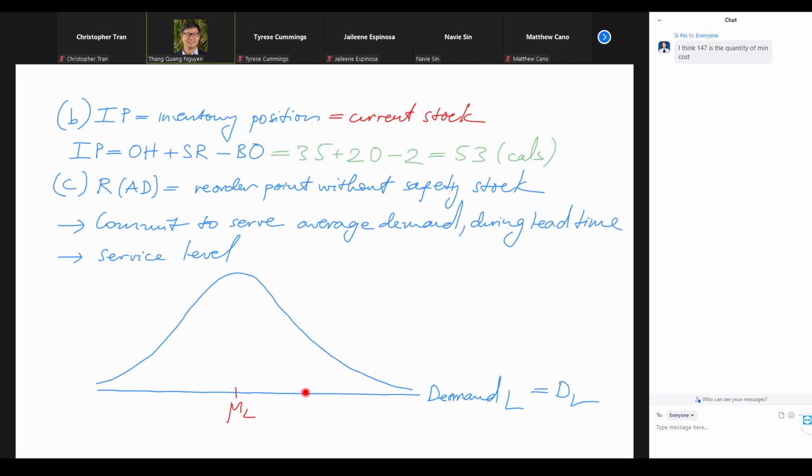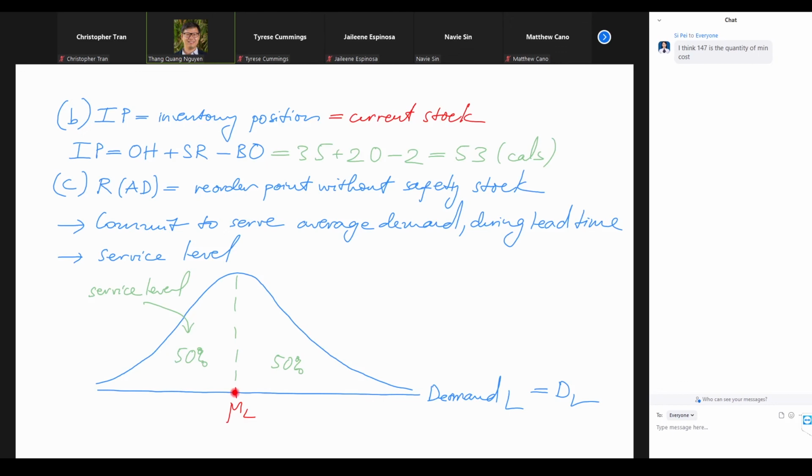And so if we cut the distribution at that point, then we have 50% on the left-hand side, we have 50% on the right-hand side. Then we say that the service level here is 50%. The service level is actually this area on the left-hand side right here, where it is the probability that demand falls below the quantity that we carry, right?